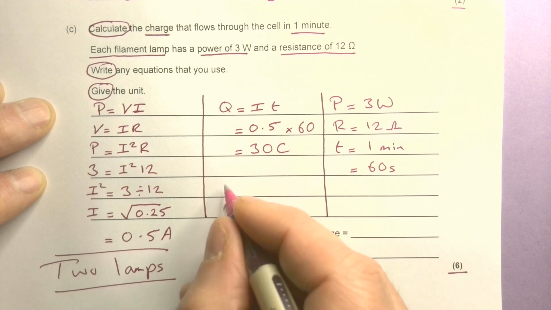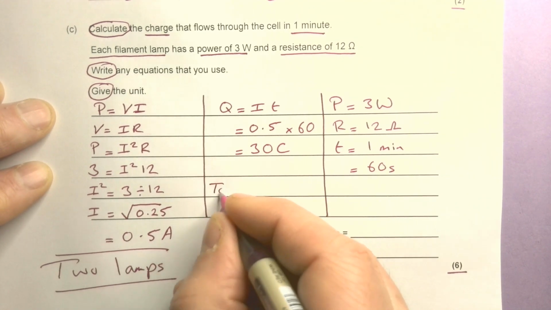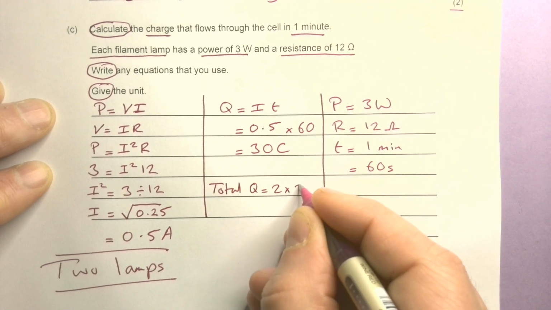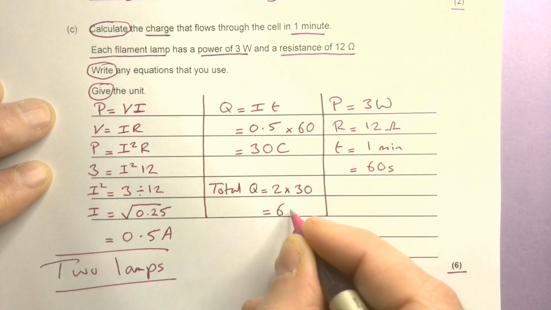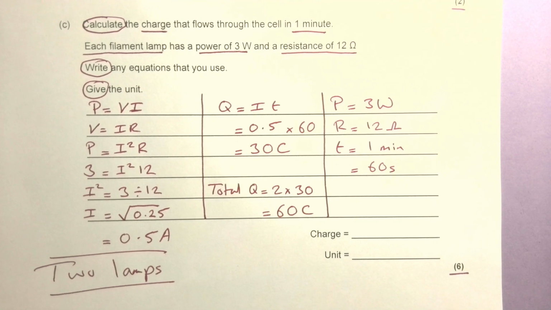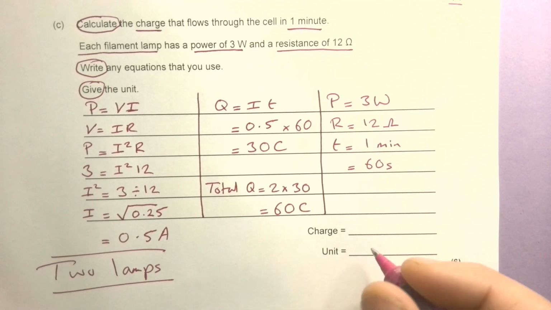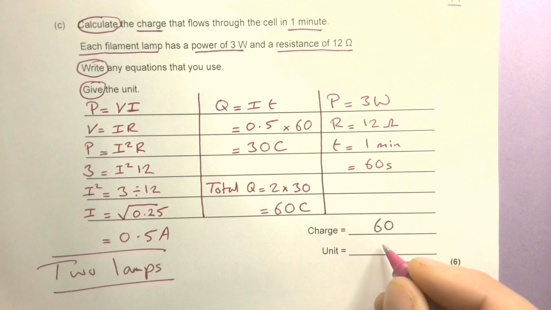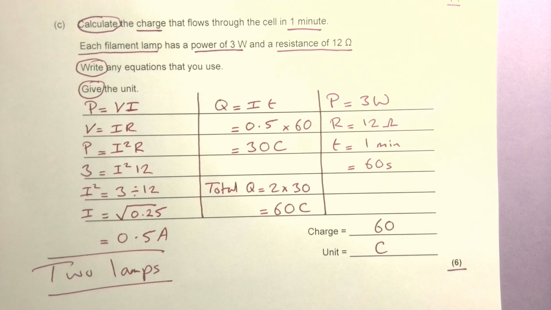So total Q equals 2 times 30 equals 60 coulombs. This is a hard question, a higher level question, one of the hardest questions. So we've got 60 C.